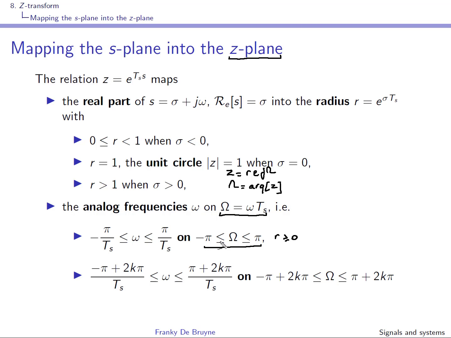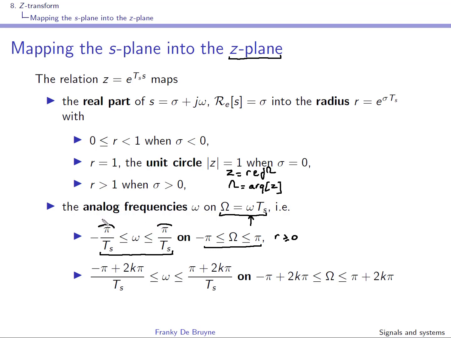Let us now look at the equivalent analog frequencies, and by looking at this equation you can see that if you take this interval and you divide by Ts, you obtain the equivalent interval for the analog frequencies. So omega ranges from minus pi over Ts to pi over Ts.